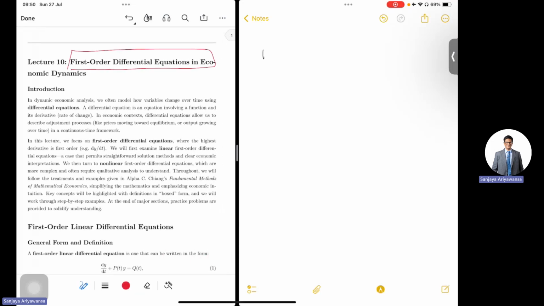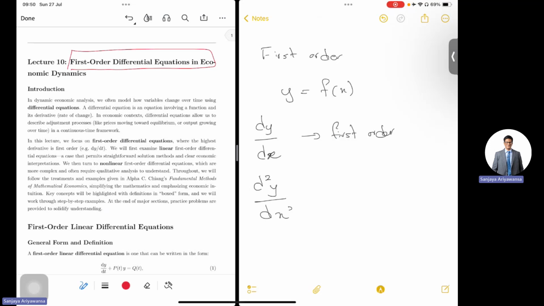So we first have the term first order. First order is very simple. In differentiation, if I have a function y equals f of x, and I want to differentiate y with respect to x, I take dy by dx. So this would be a first order differentiation. If I want to take the second derivative, I take d squared y by dx squared.